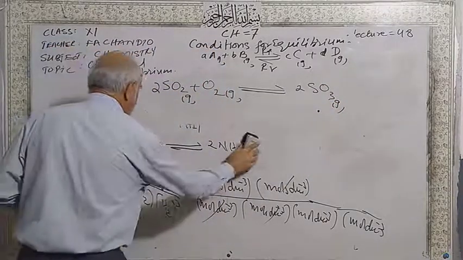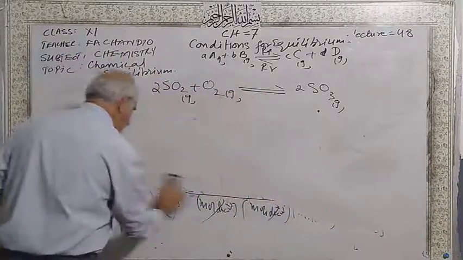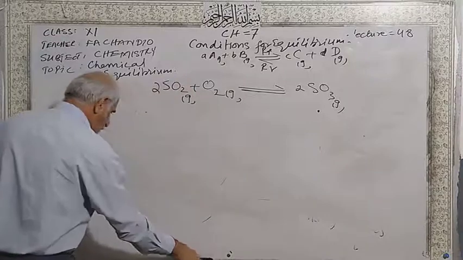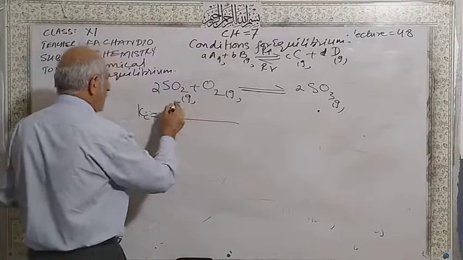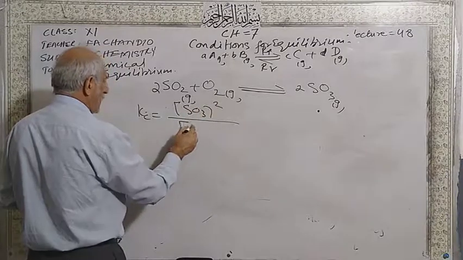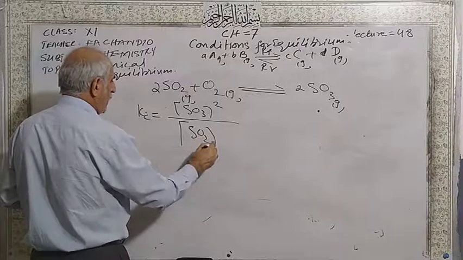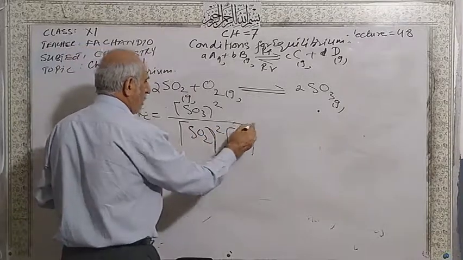So this is the stoichiometric equation. Kc is equal to the concentration of sulfur trioxide over the concentration of sulfur dioxide and the concentration of oxygen.